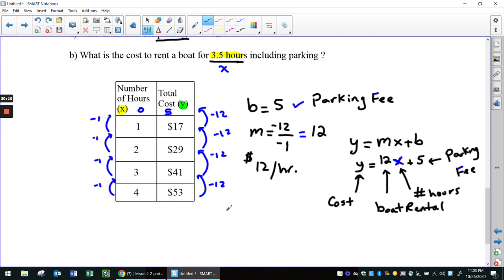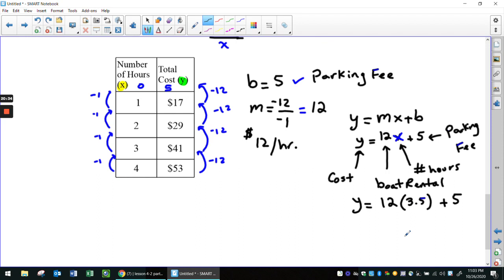So here I go with y is equal to 12, my rate of change, which is how much each hour of renting a boat costs, times 3.5, which is my x value and is given to us, plus 5. And this will give me the total cost of renting a boat for 3.5 hours.